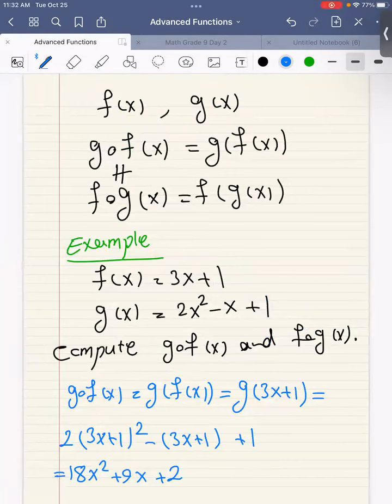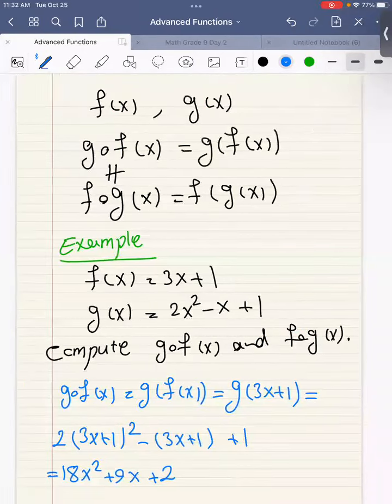One thing is that when you compose two functions, you have to make sure that g of x is in the domain of f. Okay? So for example, imagine that f of x is equal to a square root of x.